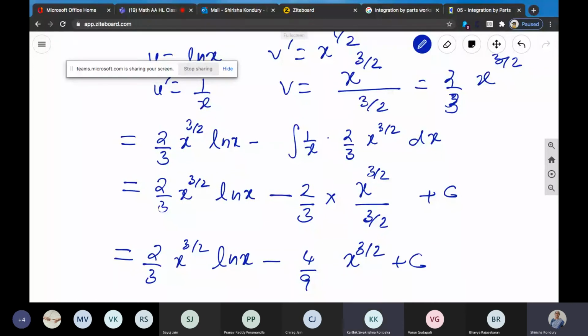Ma'am, in the start, isn't it? Okay, UV, right? U into V minus integral U dash into V.